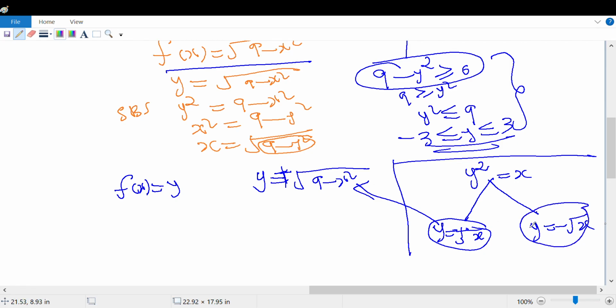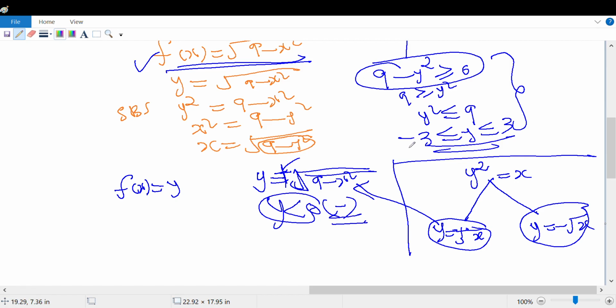So until and unless you don't have any sign over here, you know this is y is equal to root of 9 minus x square as it is given in the question. So that y value cannot be a negative number. This cannot be a negative number because it's clear from the question, because this y is plus root only. However, the least value will be 0 or above. It cannot be negative sign.